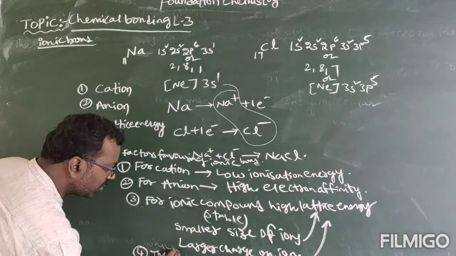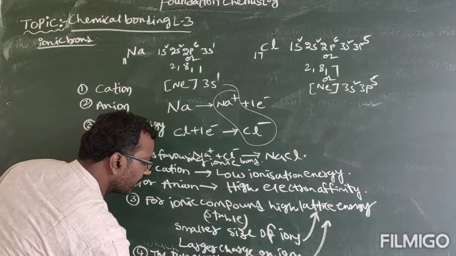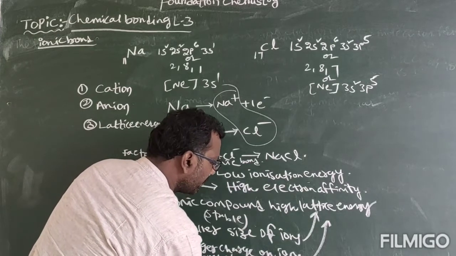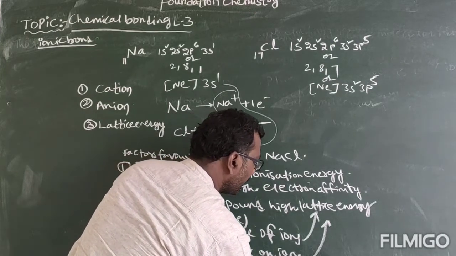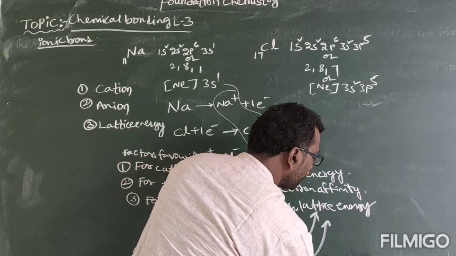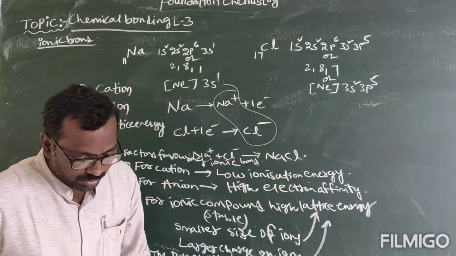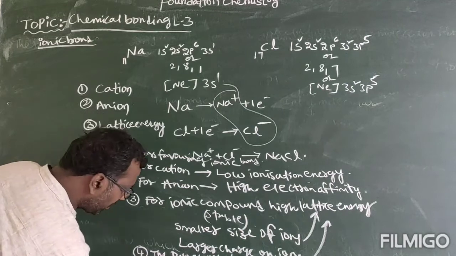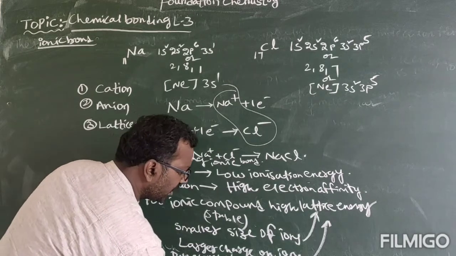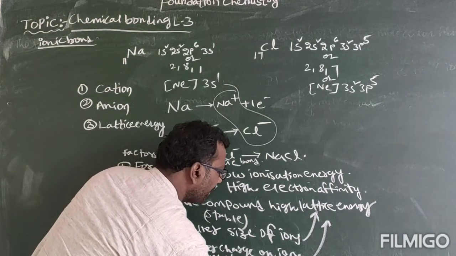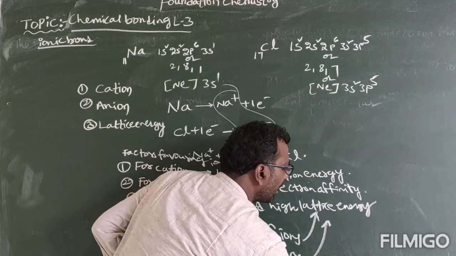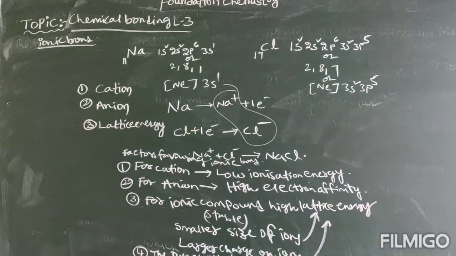So the two elements forming the ionic bond should have an electronegativity difference of at least 1.9. Then they can form the ionic bond.